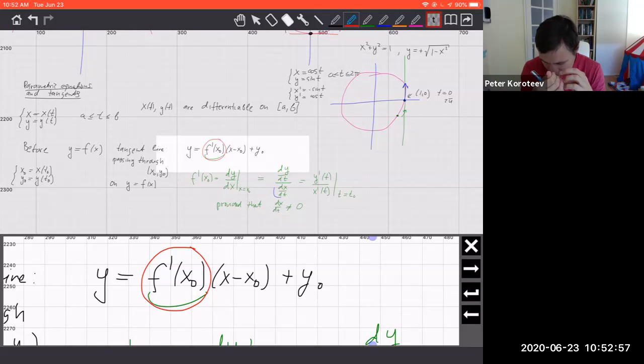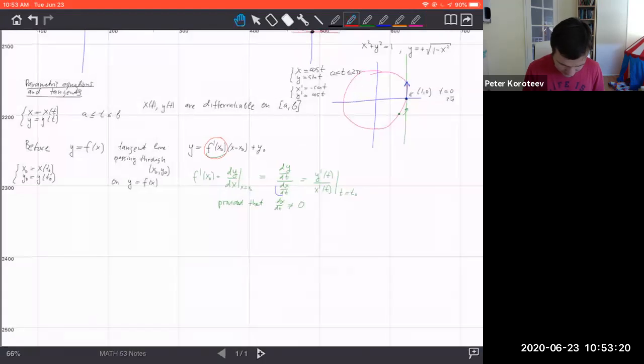What we should do, we should say that at this point the derivative is infinite and the tangent is vertical. So t can be equal to those points. We just need to say that the tangent is vertical. Okay, let's look at an example.